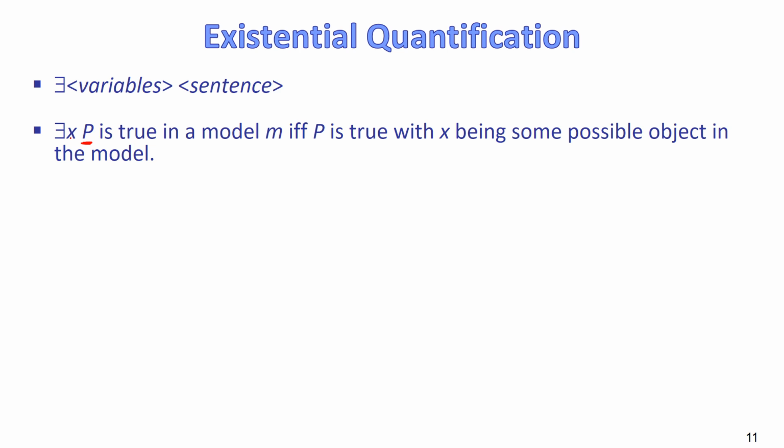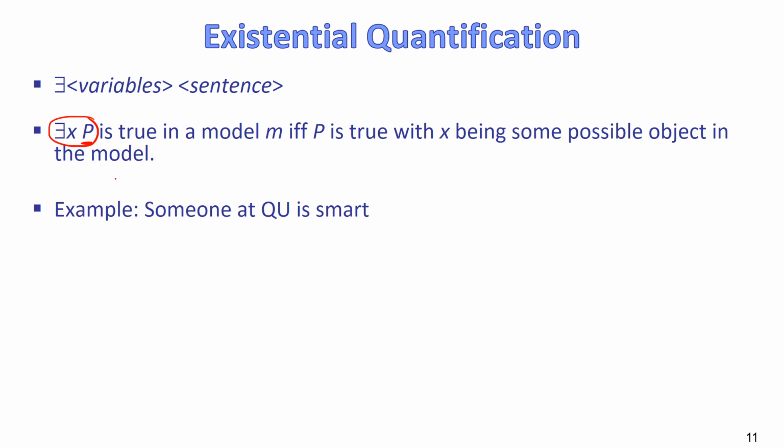At least one. So if there's at least one that satisfies P, then this whole sentence is true, because basically I'm saying there is someone who is this. So if there is at least one who satisfies this predicate or sentence P, then the existential sentence is true.